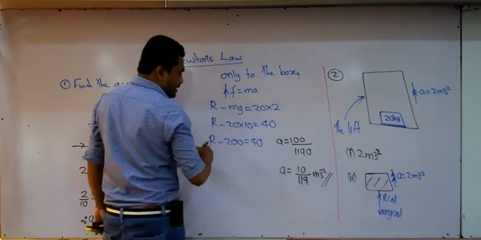Then the box gives equal and opposite force of R Newton to the lift. Okay, dear? So they are known as, what are they called here? Action, reaction forces. Draw these figures here. These are known as action, reaction forces.